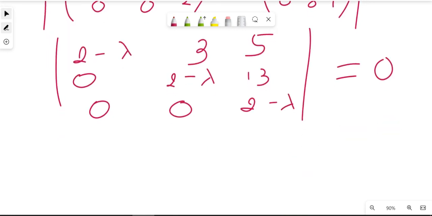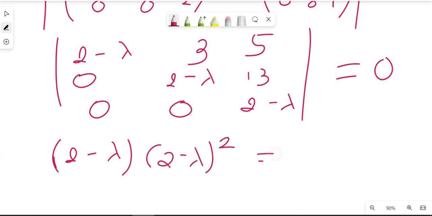So now solving this determinant, we get 2 minus lambda, and this 2 minus lambda square is equal to 0. So it will be 2 minus lambda whole cube is equal to 0.